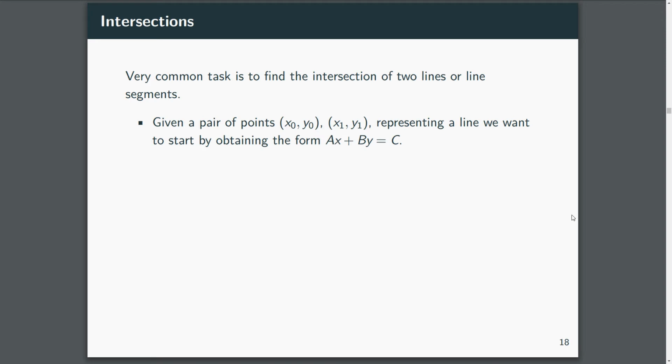So given a pair of points which represent a line, we want to get them in the standard equation form: a times x plus b times y equals c. And you can do this by setting a to the difference between the y values, b to the difference between the x values, but the other way around.